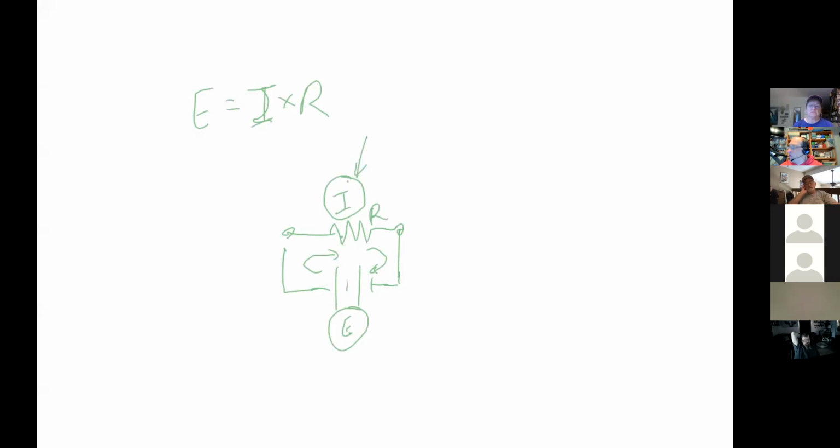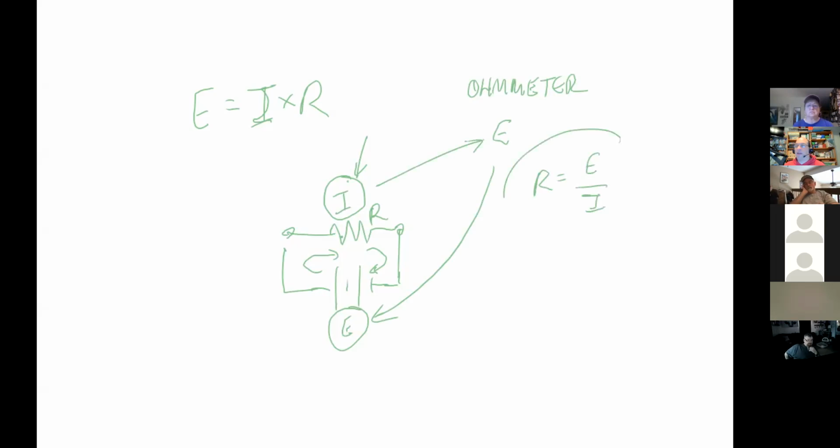What an ohm meter does is it puts a voltage E, which is a known voltage, across the circuit, and it measures the I, and it says R is equal to E divided by I. It says, okay, I know my E, I just measured my I by measuring the current, therefore I know what my R is.